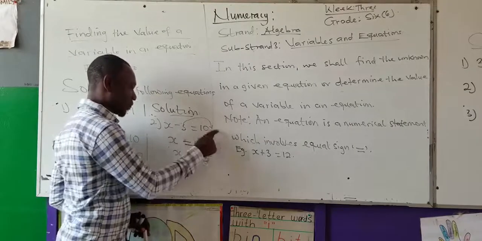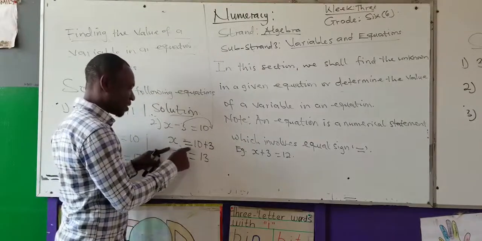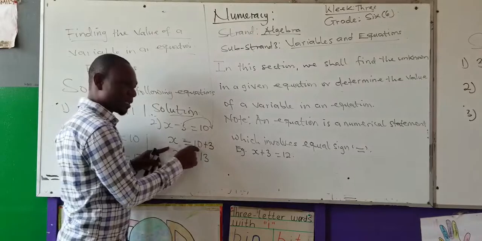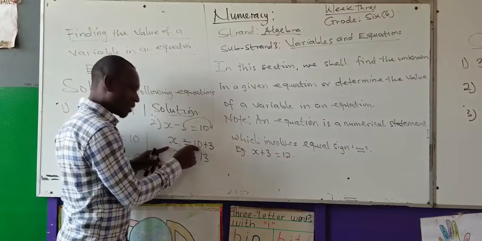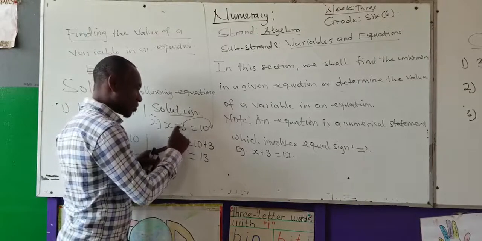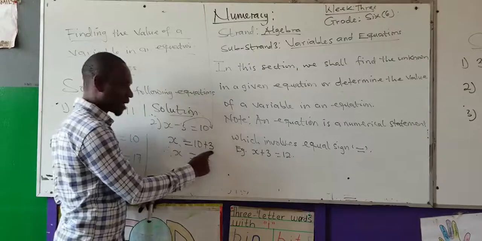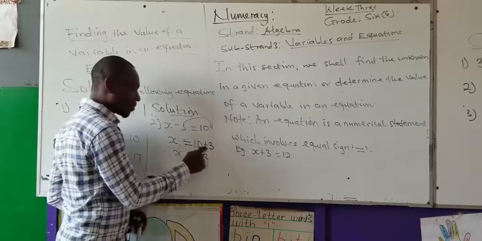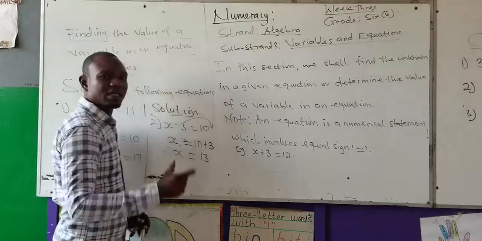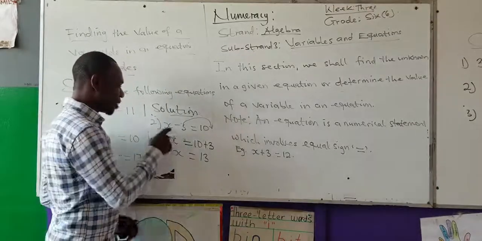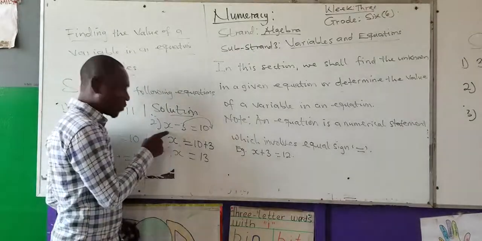So we have moved the 3, so we are left with the x. X is equal to, the 10 is already there and the 3 is joining, so we put the 10 first. And then the 3 is minus, so we cross the equal sign and it becomes what? Plus, so we have plus 3. And when you add 10 plus 3, you get what? 13.